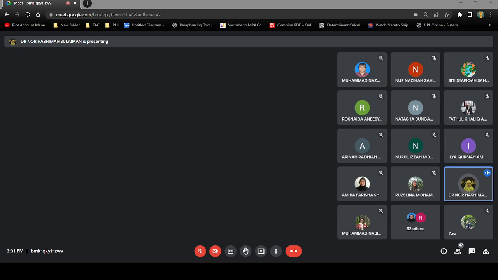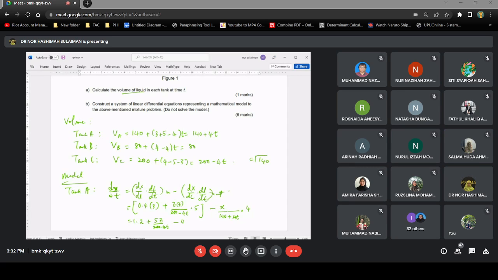4 ke 1, 140 bagi 4 dapat berapa? 35. 4 kali berapa ni? 4 kali 4, 16. 4 kali 3 kan? 12, betul? Betul. 35, betul. Okay. So kita akan dapat yang ini.